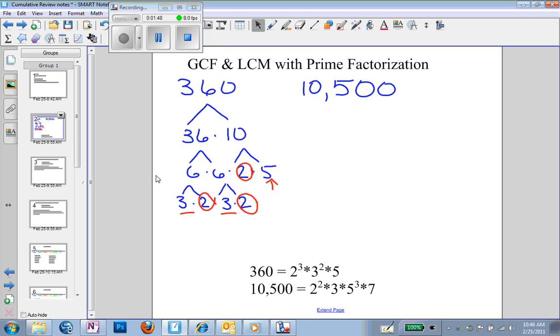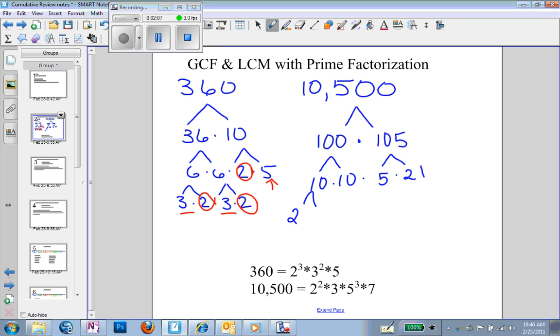Then I'm going to find the prime factorization of 10,500 by breaking that up. 100 times 105, 10 times 10, times 5 times 21, 2 times 5, times 2 times 5, times 7 times 3, and then we have that 5 we don't want to forget about.